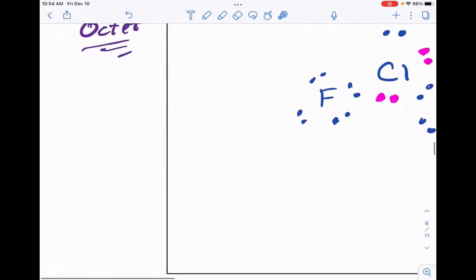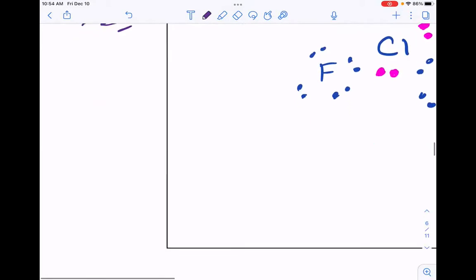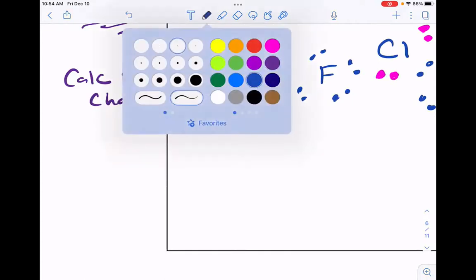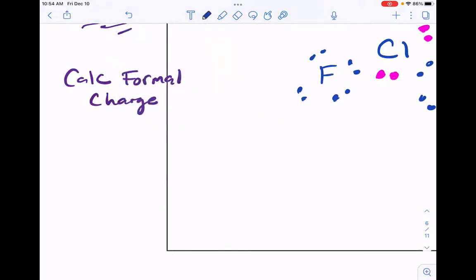Because our central atom is chlorine, and not part of FONC, we need to calculate formal charges to confirm whether or not we need to create a double bond or triple bond.